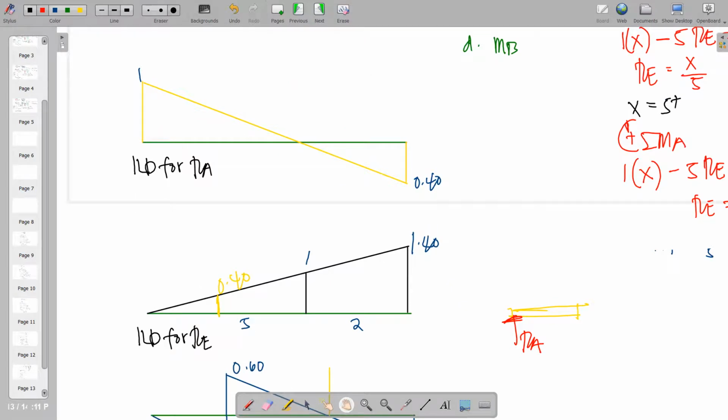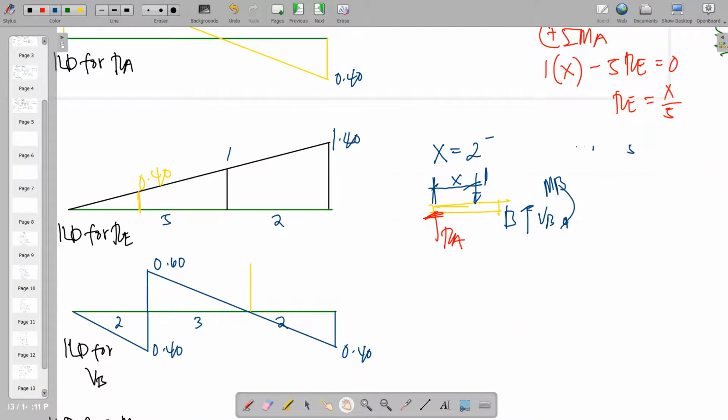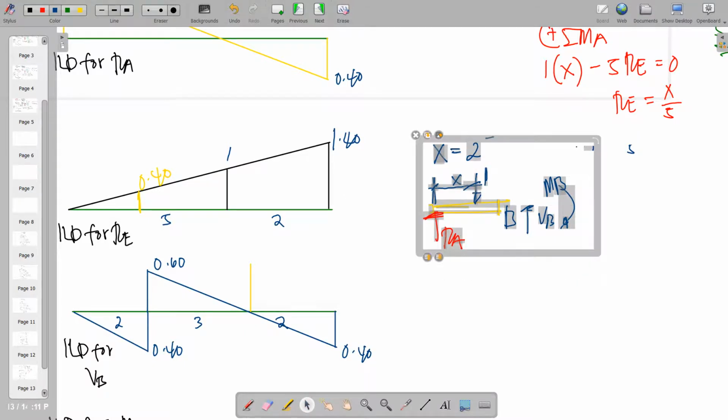So this is a scenario wherein x is 2 minus, wherein your loading is still within the beam. So this is B. This is the unit load. So this is our x. There will be VB and moment B at that point, and first we just copy this.